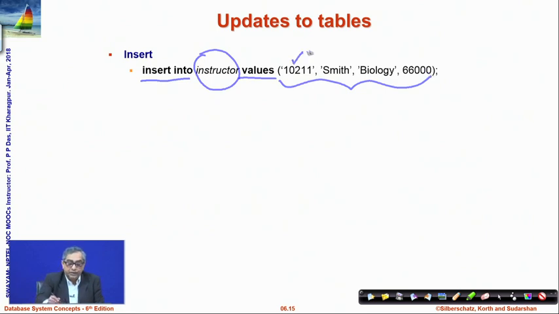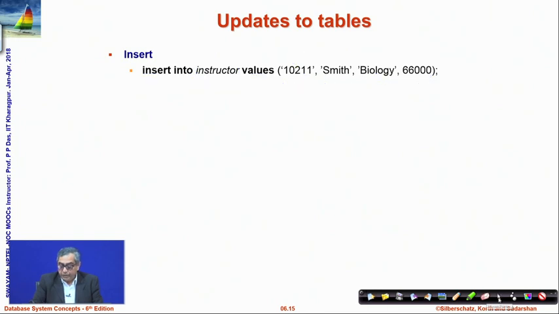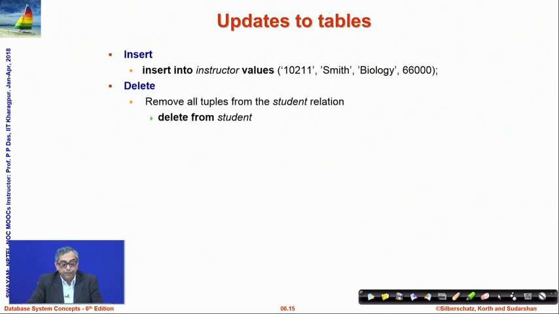And certainly each of the values, like the ID value, the name value, the department, the salary, should be from the same domain type as was specified during the create table command. So, these things we will have to remember. Every record will get inserted through one insert command.